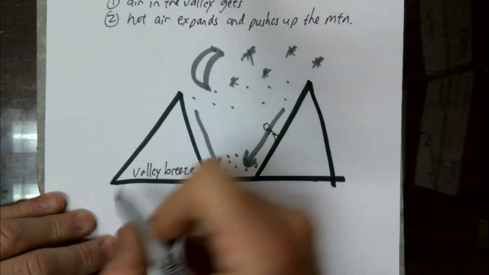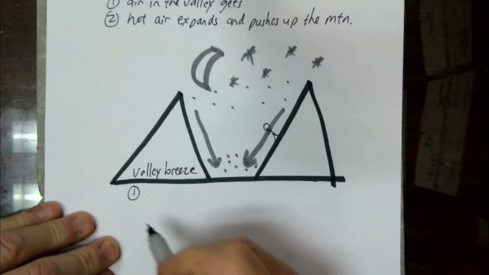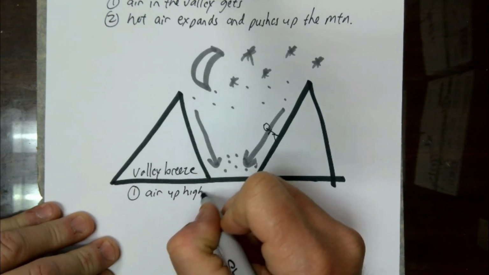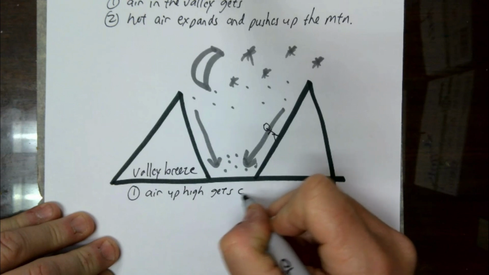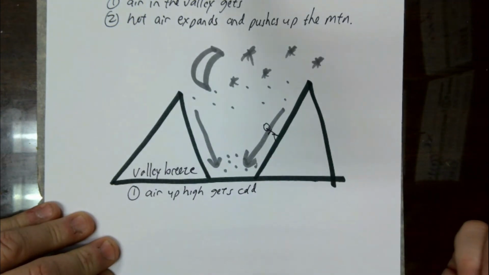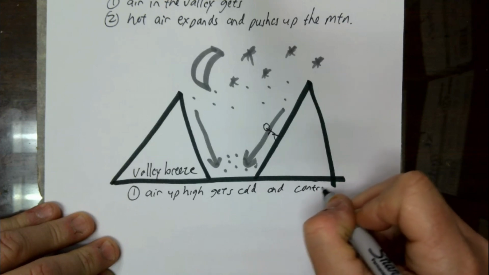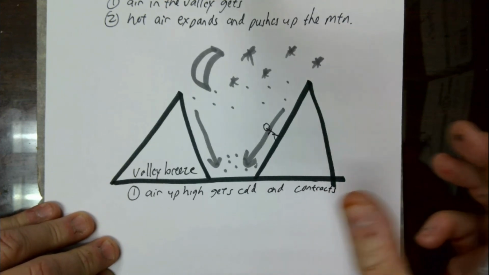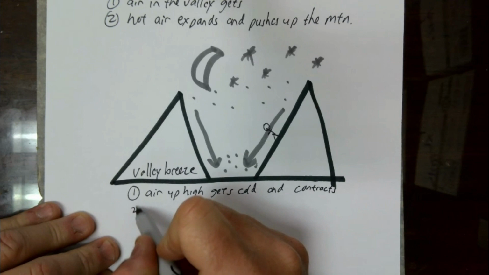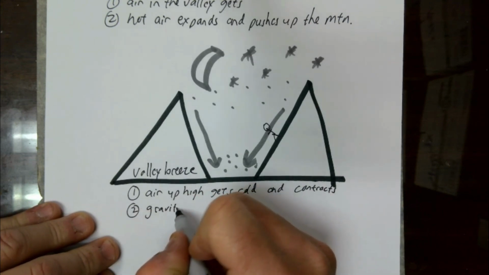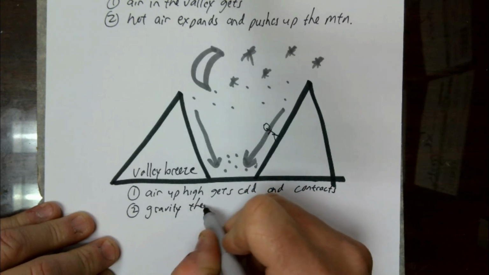This happens at night. What's going on? That air that was up high gets cold because there's no more sunlight at night, and it contracts, or it squeezes together, becomes heavy. Well, then when it's heavier and more compact and more dense, it sinks.